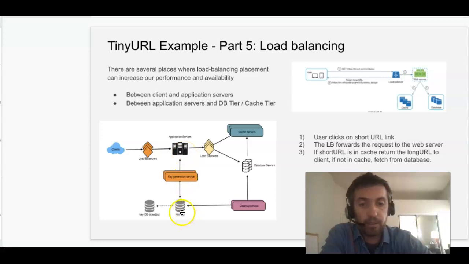And then these keys are stored in this backend database here. As you can see, it's replicated, standby and active. And another thing you notice is there are load balancers here in front of the caching layer and in front of the database servers.